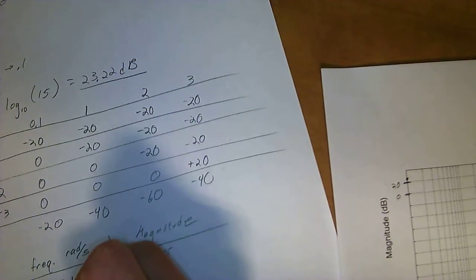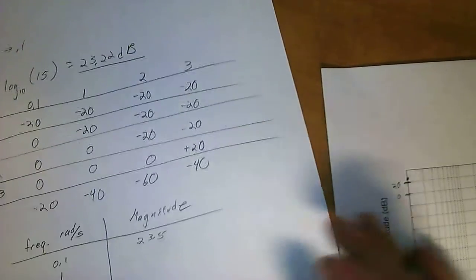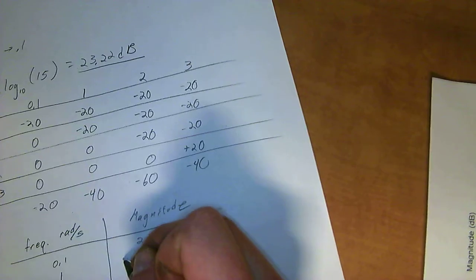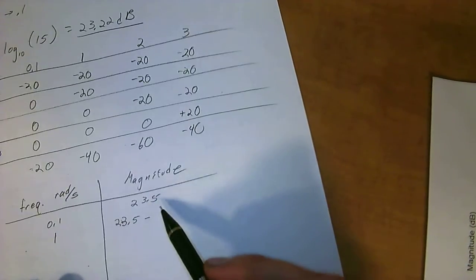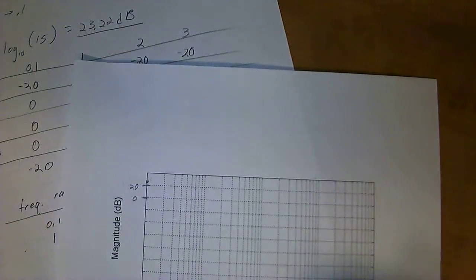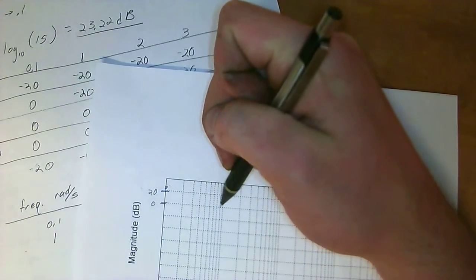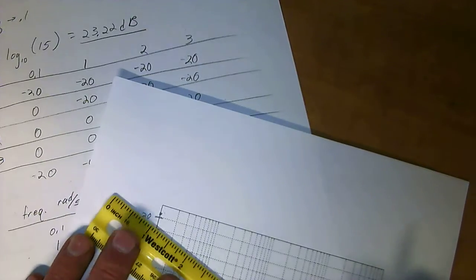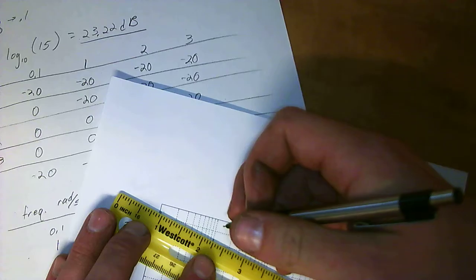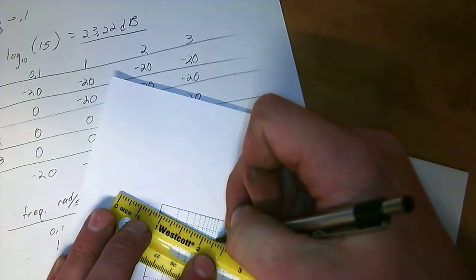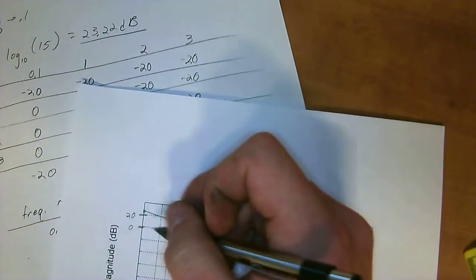Then you go on to the next pole or zero, which is 1. The way you do it is you take the previous magnitude, 23.5, minus the slope that the plot is traveling at. We're working at 1, and it's going at negative 20 dB per decade, and it's going to go on like that forever. So you can put a point right here and go negative 20 dB per decade.